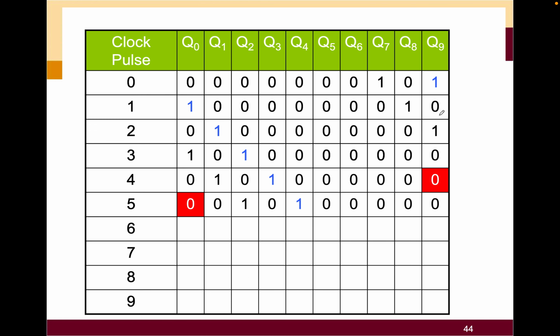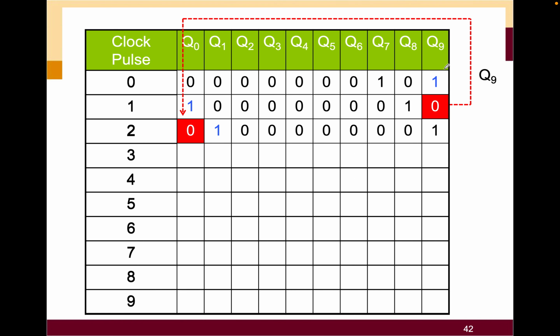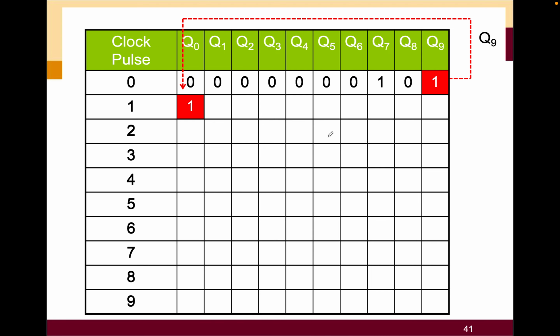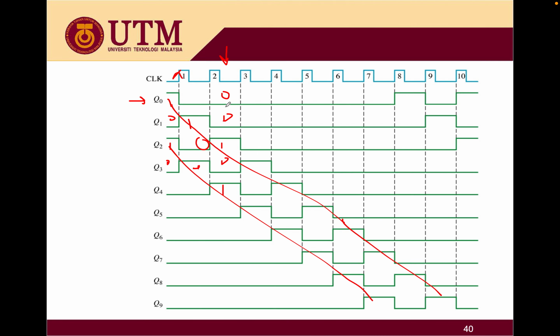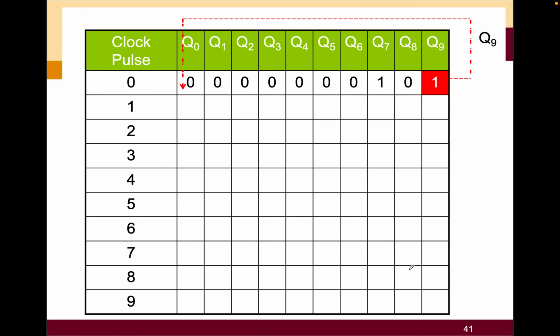You just need to know the initial value at this side, and everything will be shifted. And for the timing diagram, you need to follow, which is at the beginning, you need to have the preset value. If it is 1, it's going to be 0 there, and we will start at the Q1 to be 1. So then it will be following the result.